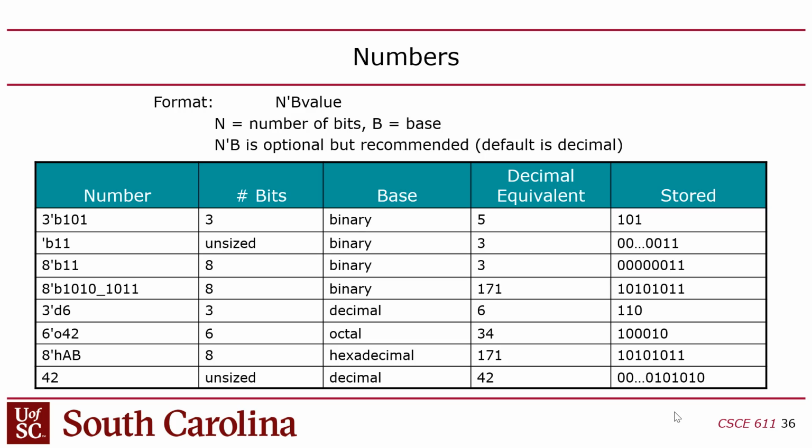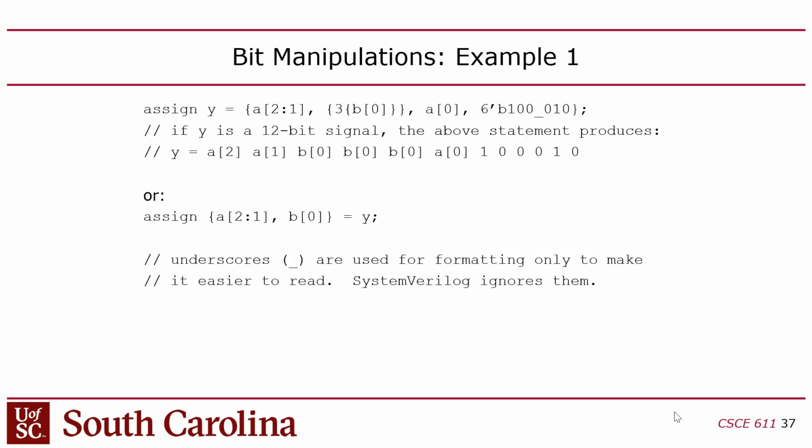But then you're leaving it to the compiler to figure out what the width is, right? And sometimes that works, and a lot of students in the class do that. They'll just put a number. I don't remember any times that caused an actual bug, but generally when you're designing hardware, you should be careful with that.